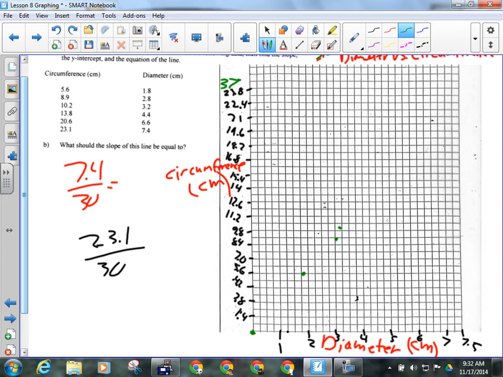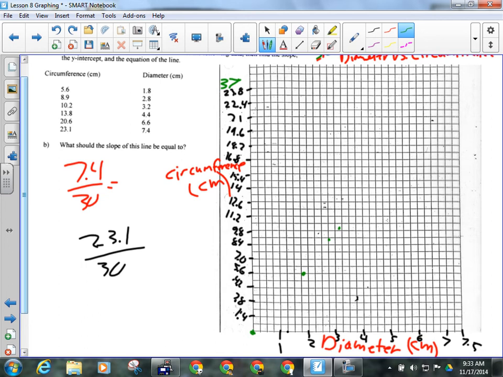Oh, whoops. That's why that didn't look right. It's 2.8's back here. Yeah, that's better. Okay. 4.4 and 13.8. Okay, so that would be 4.5.